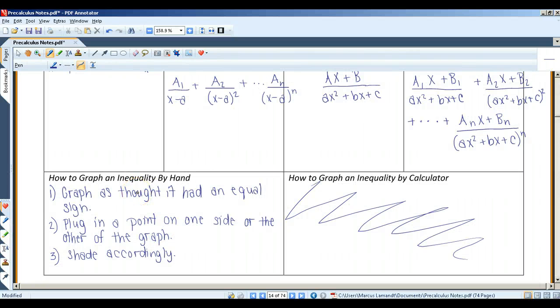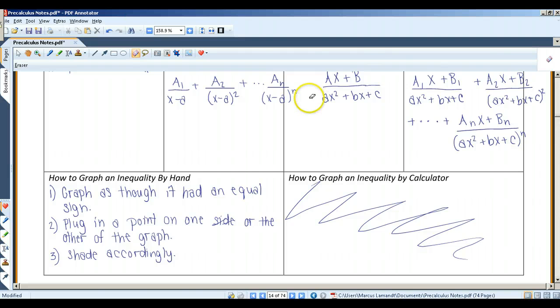When graphing an inequality by hand, you know what? I just realized I misspelled something. Give me just a sec. There we go. You want to graph it as though it had an equal sign.